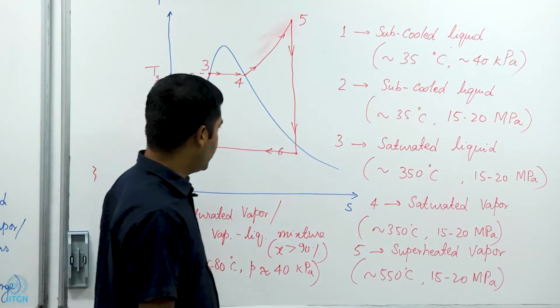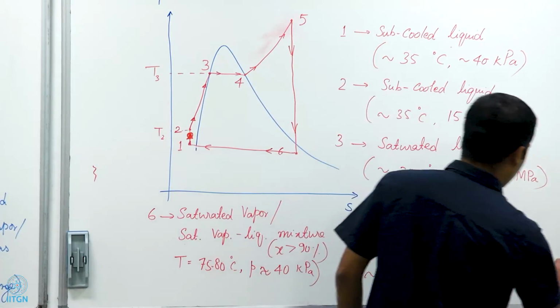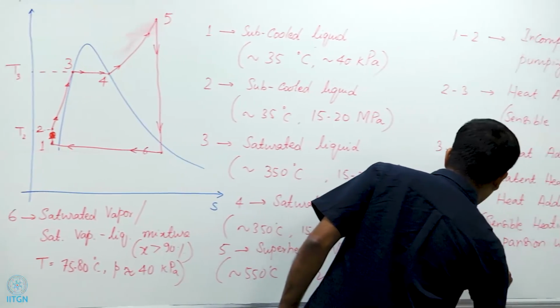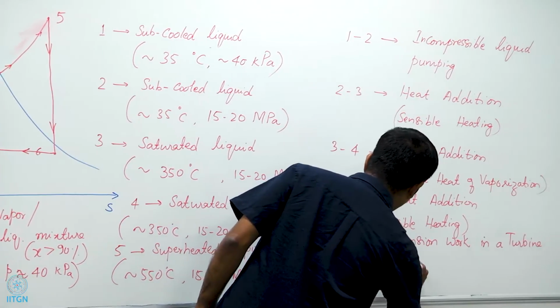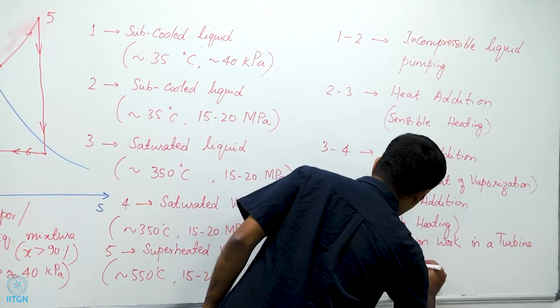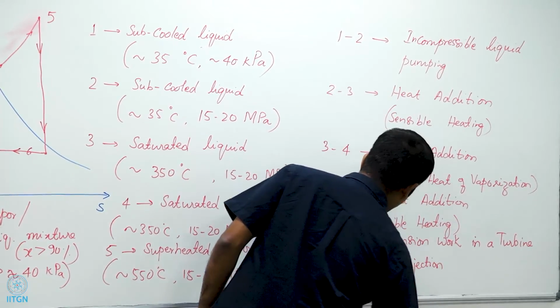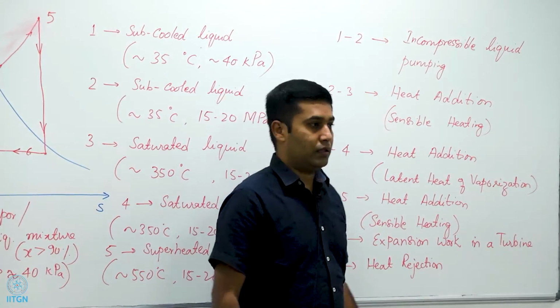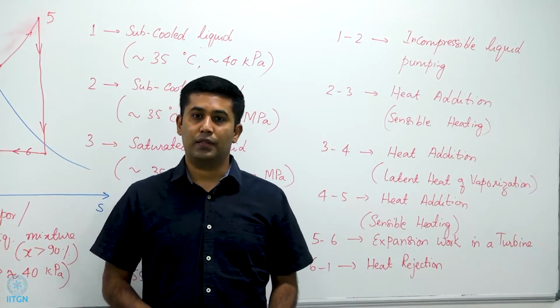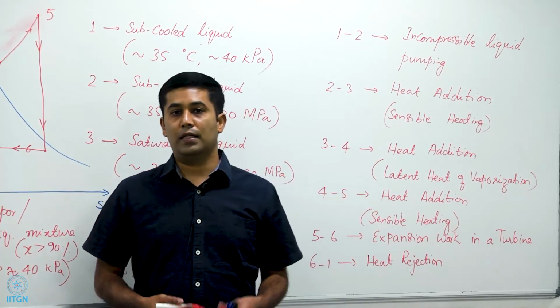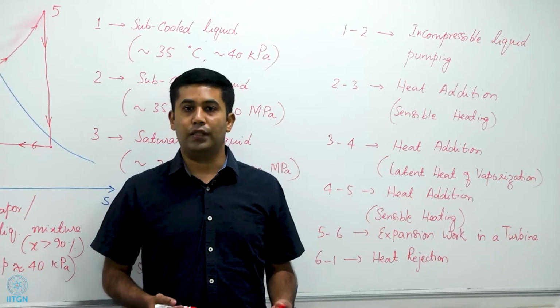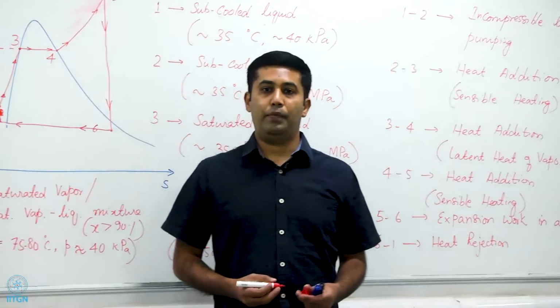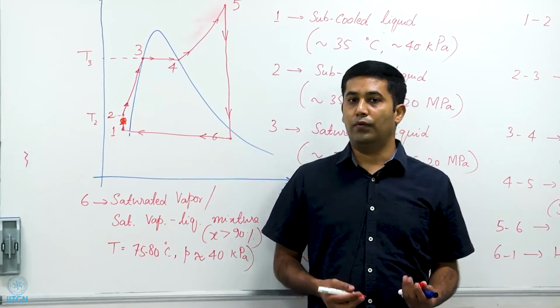So, this is the process. So, 6 to 1 is a heat rejection step, and some of this heat rejection happens in single phase, which means it's a sensible cooling, and some of it, a large portion of it in fact, happens when there is a liquid vapor mixture.